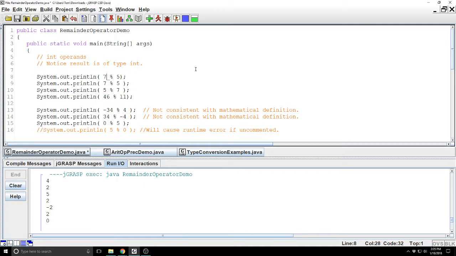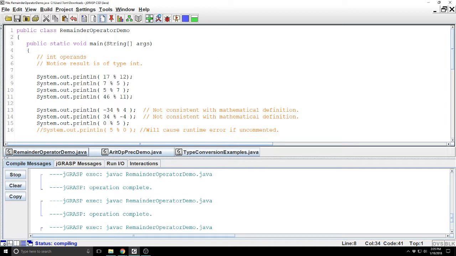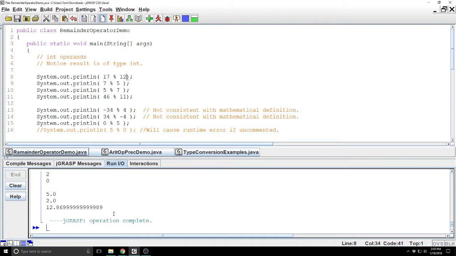So 7 plus 10 would be 17. And then if you did remainder 12, you would get 5. So 10 hours after 7 would be 5 o'clock. So that's one of the main uses for this, dealing with things like clock arithmetic and time. It's really useful for those kinds of things.